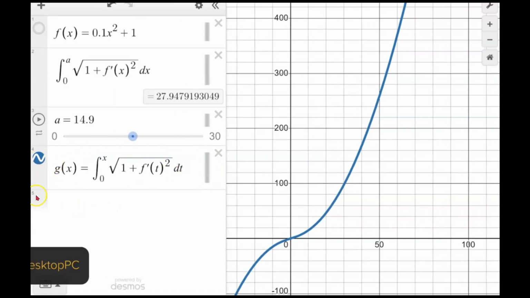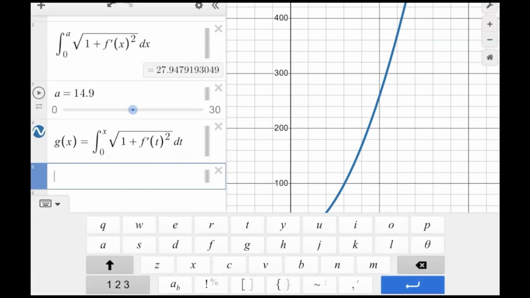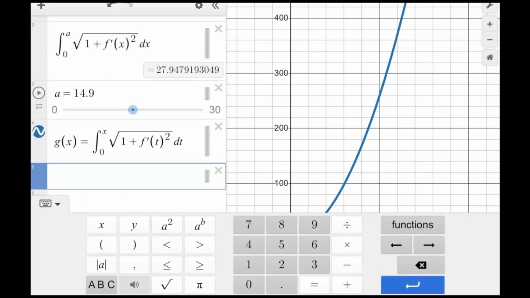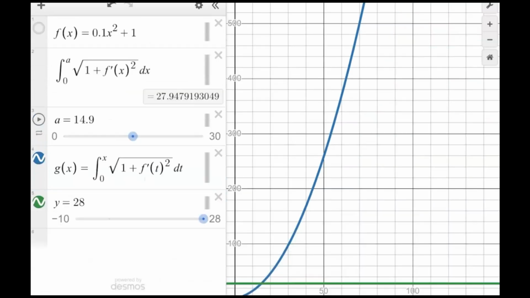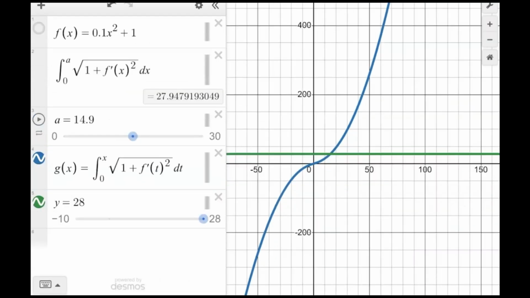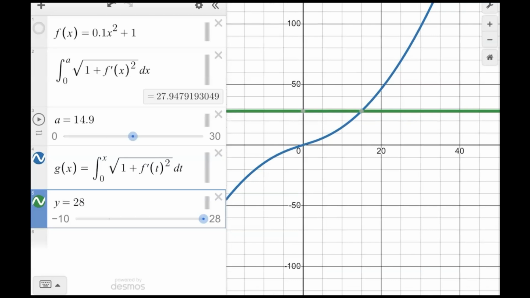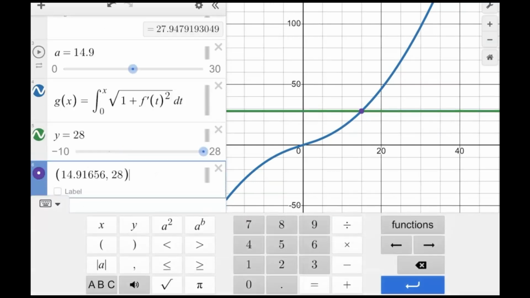So we can just put in y equals 28 and find out where these two intersect. We can see that they intersect around 14.9, and the exact place is 14.91656. This is the x value that gives us the point at which the particle has traveled 28 centimeters.